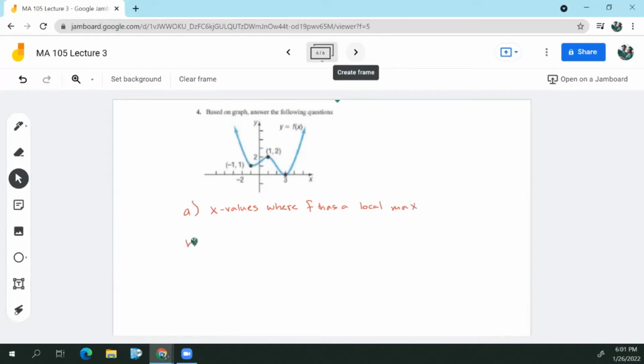B asks, what are the local max? Basically your y value there. C asks, you all can go ahead and start answering these questions, by the way. Start working through that.